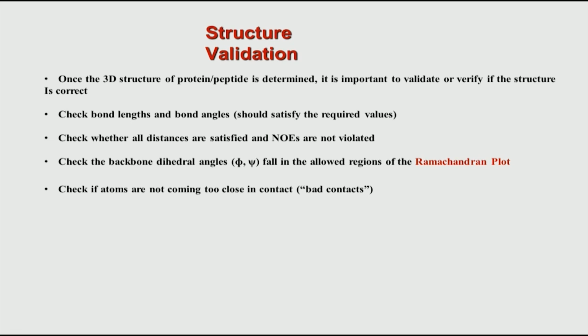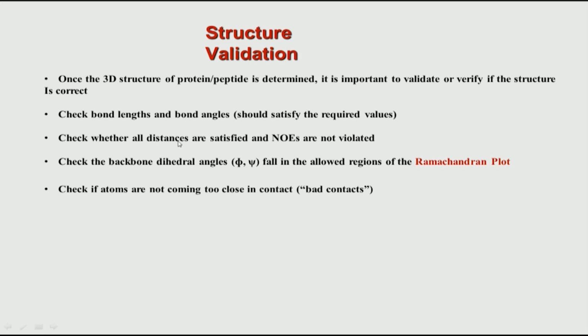It has been found that the bond lengths will typically fall in a particular value for a carbon-carbon single bond, carbon-nitrogen double bond, and so on, and the partial double bond of the peptide. So, these lengths should not vary beyond a certain limit. If it is satisfied within that limit, that is the first check which is done.